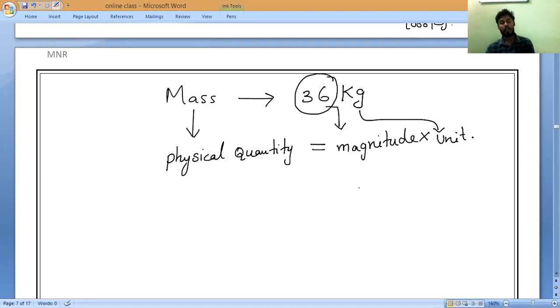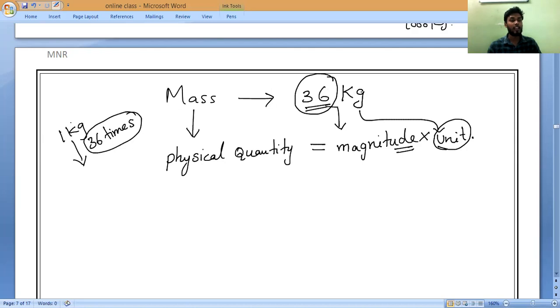Clear? So you might understand that unit means how we are measuring the physical quantity. In what form we are measuring the physical quantity is called the unit. Now magnitude: here for mass, 1 kg I consider how many times? 36 times, yes or no?